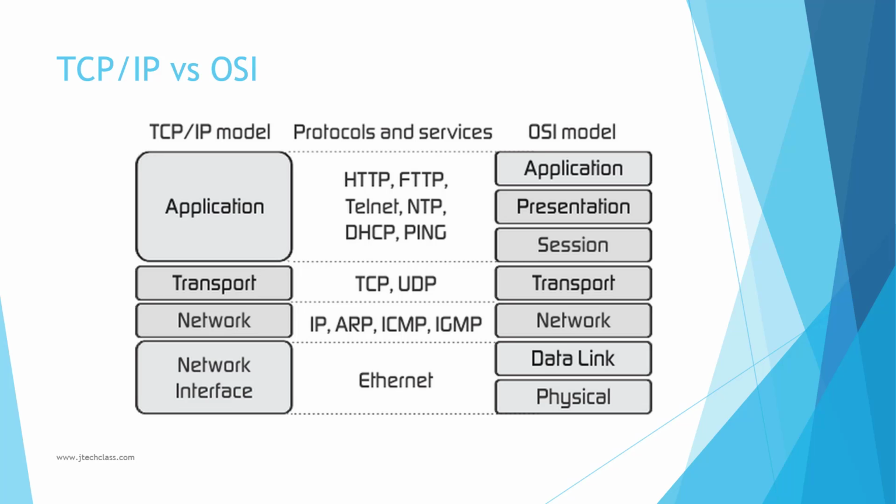So these 3 layers on the OSI are encapsulated in a single application layer on the TCP/IP model. Then transport and network correlate to transport and network on the OSI. And then we have the network interface, which correlates with data link and physical on the OSI model.